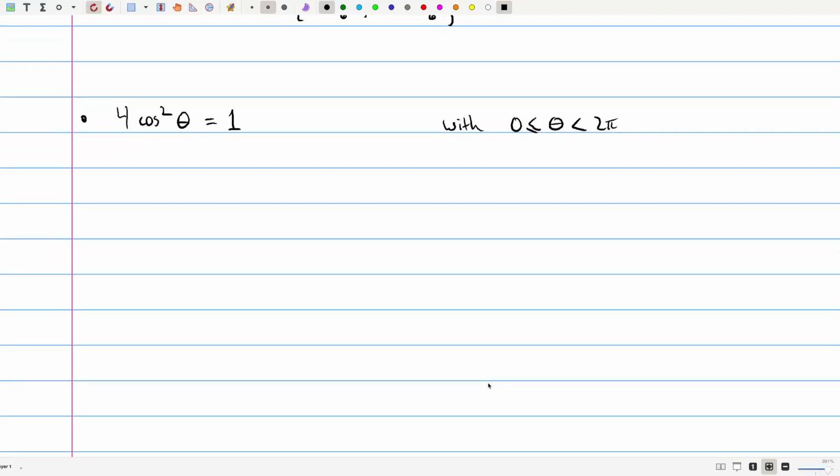In our next problem, we're trying to find the solutions of 4 times cosine squared of theta equals 1. So let's divide both sides by 4. We want to isolate the cosine function. Cosine squared theta equals 1/4.